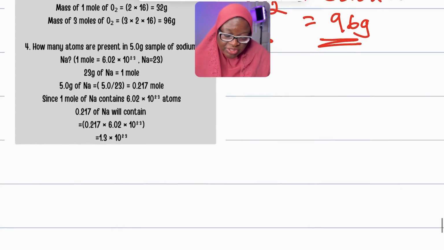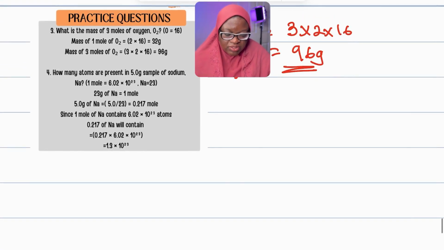Now, another interesting question we're going to solve together: what will be the number of atoms present in 5 grams of sodium? We've said 1 mole of a material will contain 6.022 times 10 to the power of 23 particles.